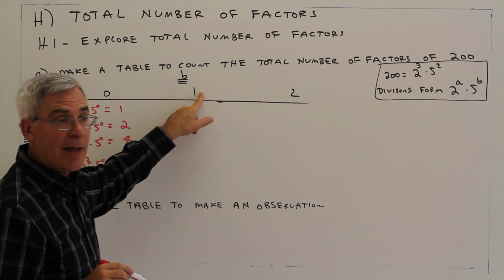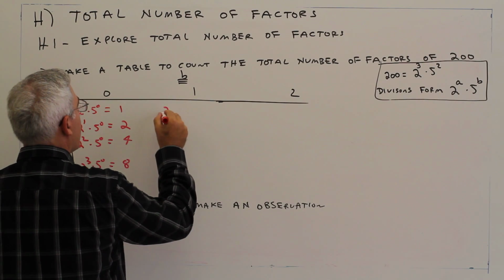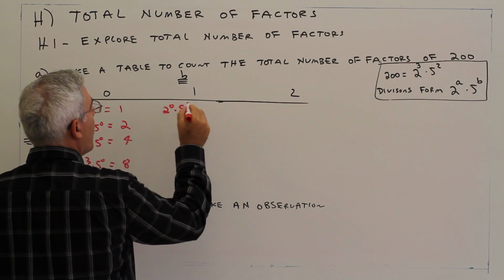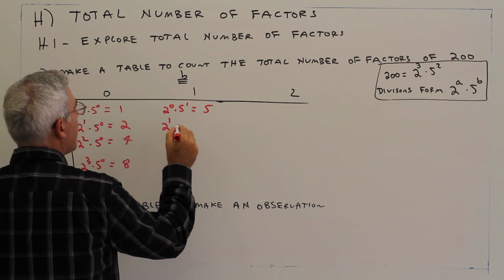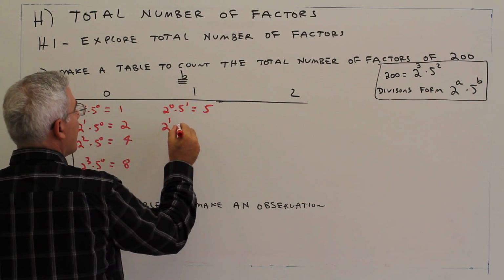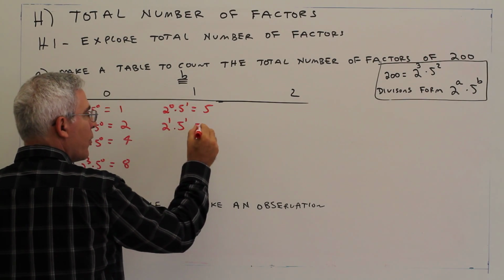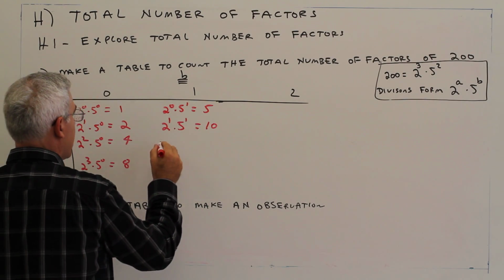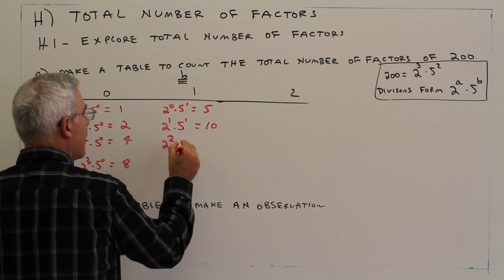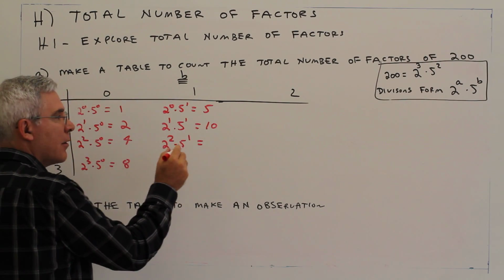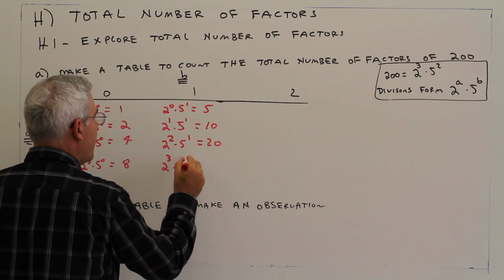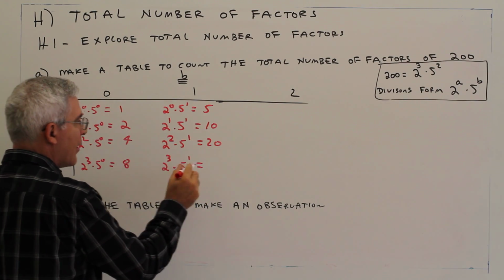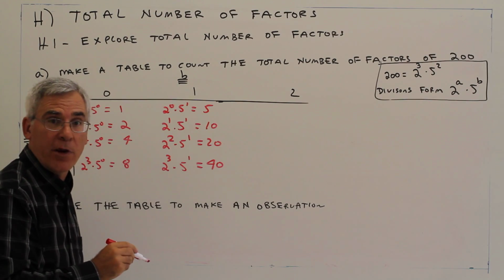Now let's let the b value be 1. 2 to the 0 times 5 to the 1 is 5. 2 to the 1 times 5 to the 1 is 10. 2 squared times 5 to the 1 is 20. 2 cubed times 5 to the 1 is 40.